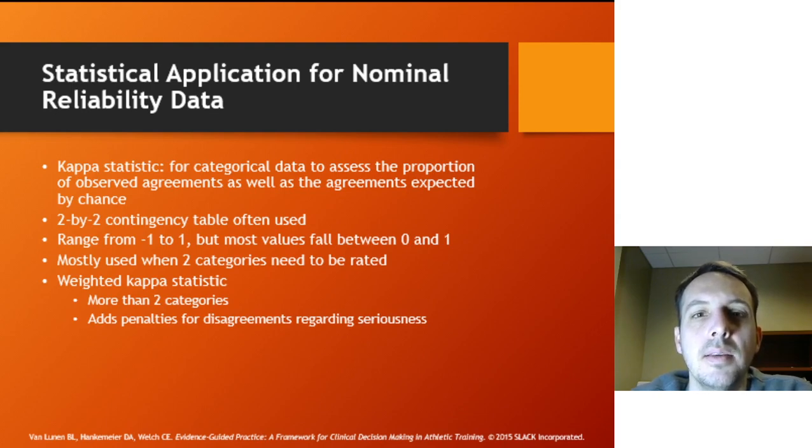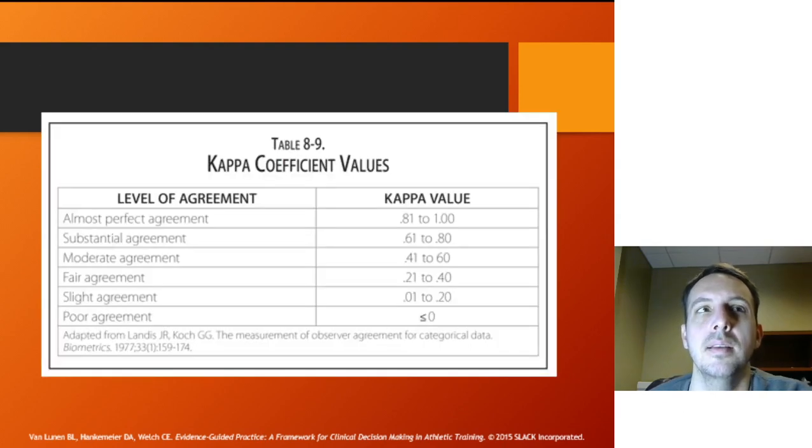But in this case, if one individual classifies them as normal and another one says they're significantly abnormal, then that should count more against the reliability of that instrument because they were so far off, and that's what a weighted kappa statistic does.